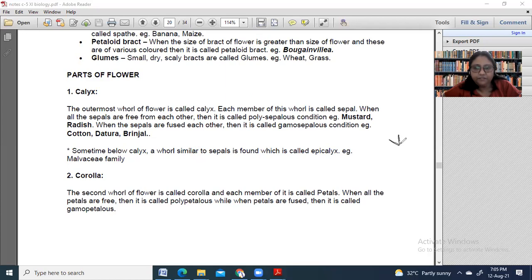Consider there is a flower where each of the sepals is separate like this. We call them polysepalous. Very easy to remember. Poly means more, sepalous because it is observed as more sepals.